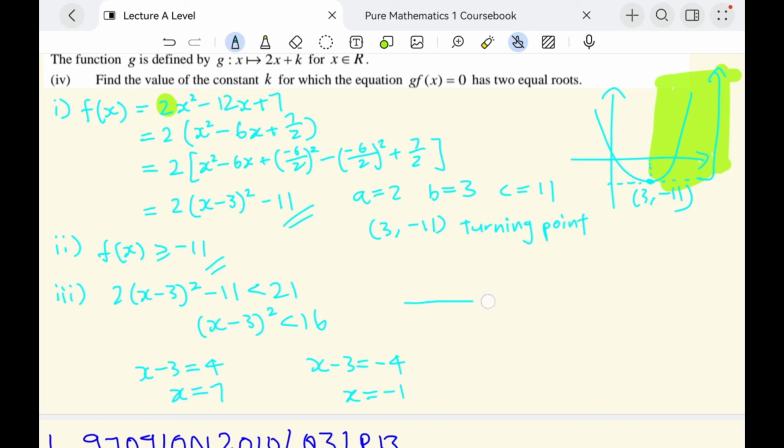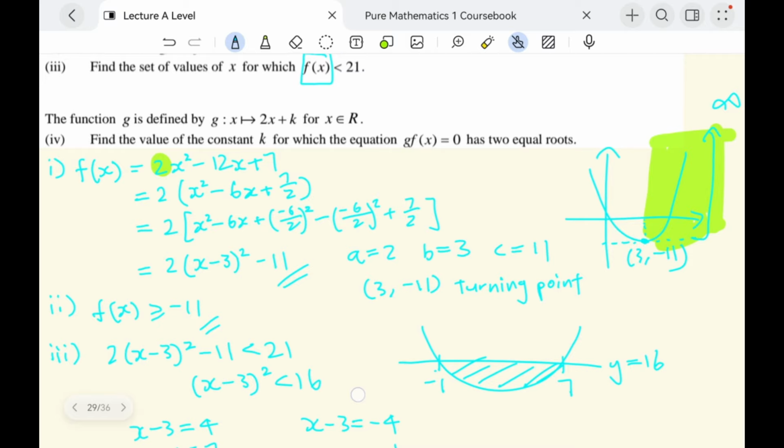So if you draw a graph like that, here let's say is your 16. I want to set the value of this range, and here is your -1 and here is your 7. That means this quadratic graph intersects with the horizontal line y equals 16 when x is -1 and 7.